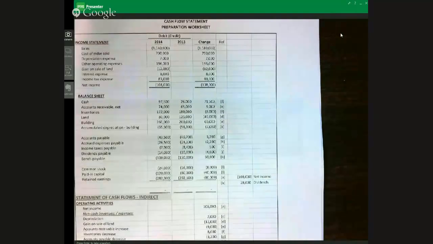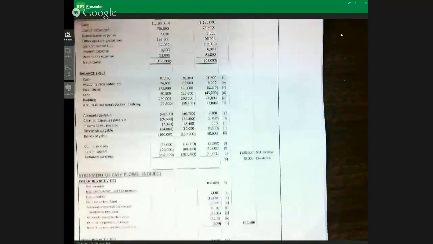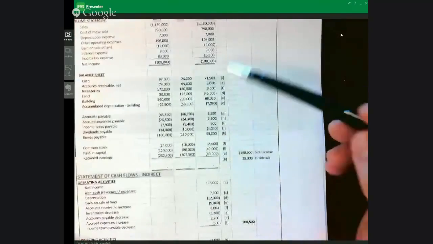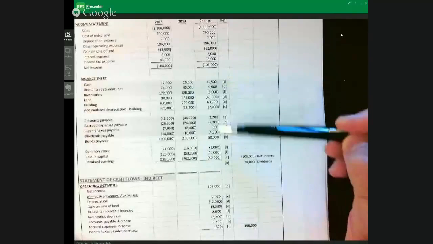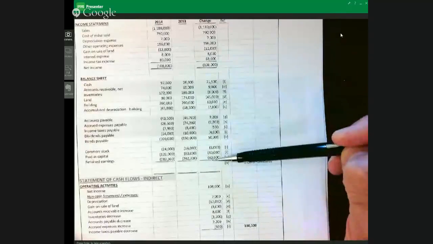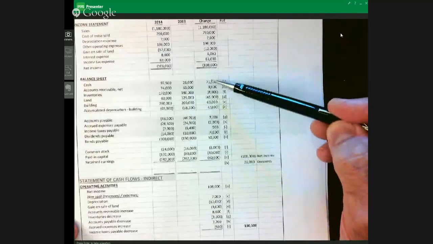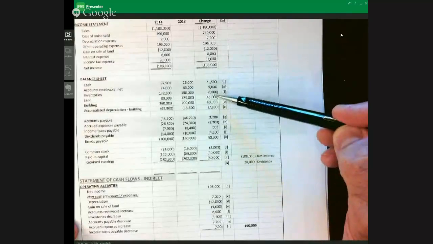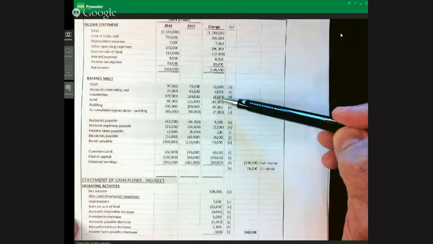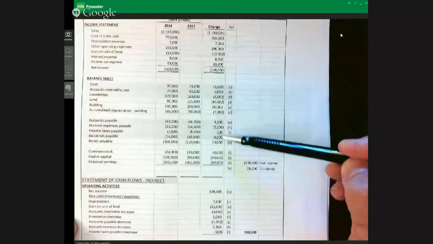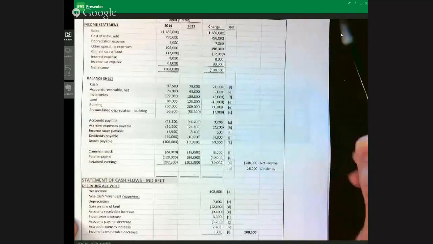Okay, so let's see how the accountant will go through this. The balance sheet here, the change, is the most important item that we want to deal with, and this is set up so that positive amounts represent debits to these respective accounts, and negative amounts represent credits to these accounts.